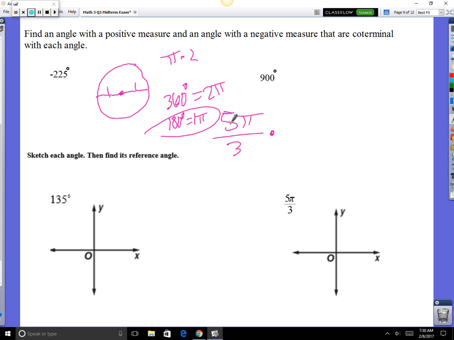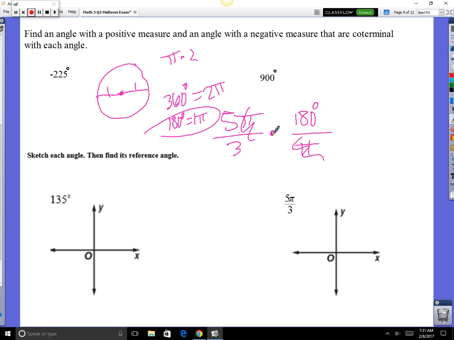So if you went 5 pi's, that's like 5 180s, so we're going to do 5 times 180. Every 1 pi is equal to 180 degrees, and I'm going to divide pi by pi, so it zeroes out.